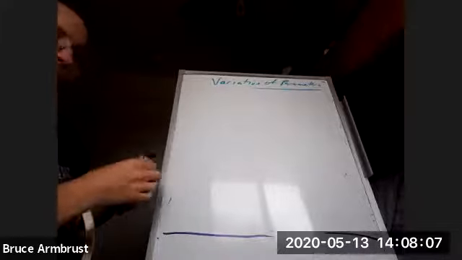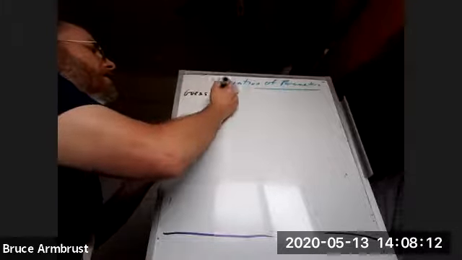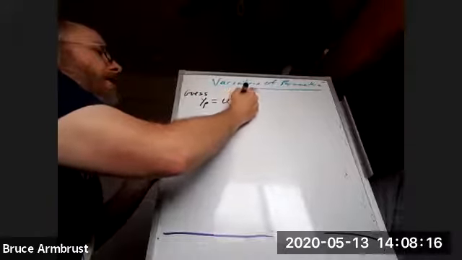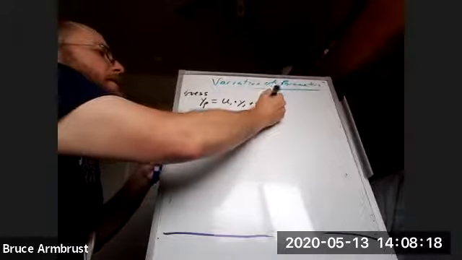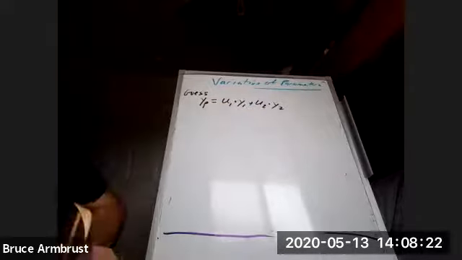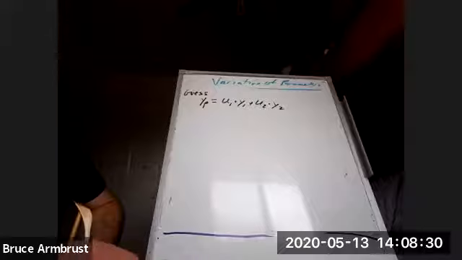And we're going to guess that the particular solution is going to look like u1 times y1 plus u2 times y2. So the same idea of integrating factors, I'm just going to have two integrating factors. There's going to be the one that I multiply to y1 and the other one that I multiply to y2.